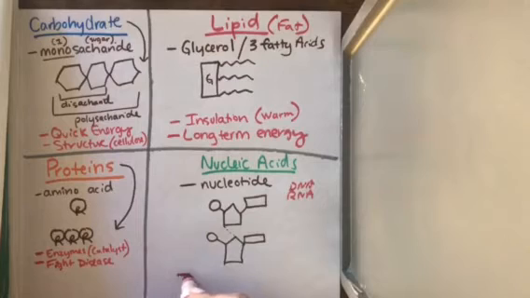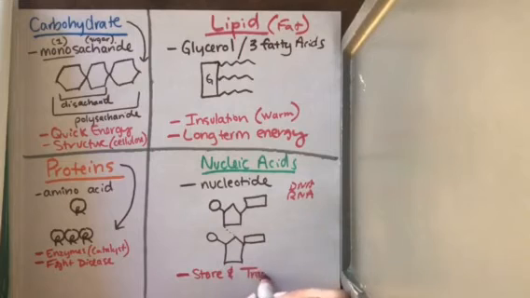And nucleic acids, they only have one job, and that's to store and transmit genetic info. Okay, they are going to store and transmit genetic info. Alrighty. That's a very, very brief, quick overview of the 4 macromolecules.